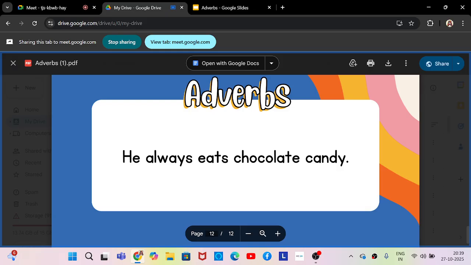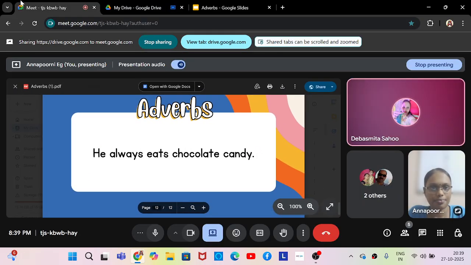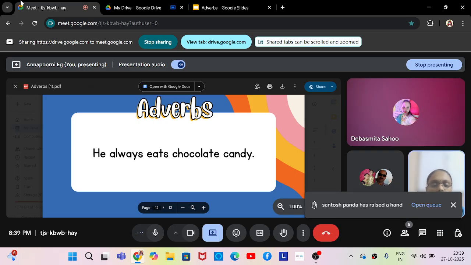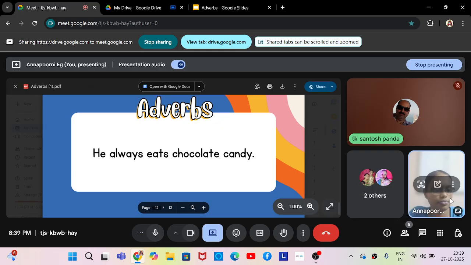So we have one last sentence. I will read it. He always eats chocolate candy. So what could be the adverb here? Always. Always is the adverb. So even the opposite of always, what is the opposite of always? Does anyone know? Always का opposite क्या है? Yes, Samshipta.